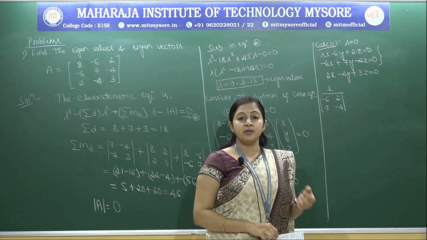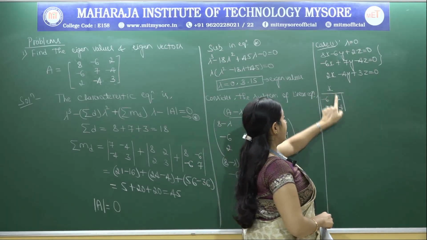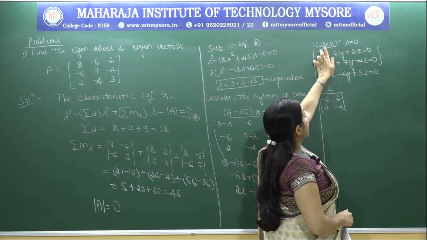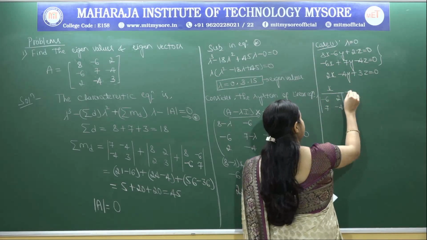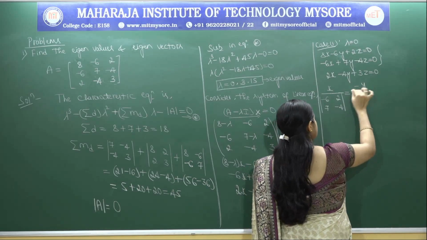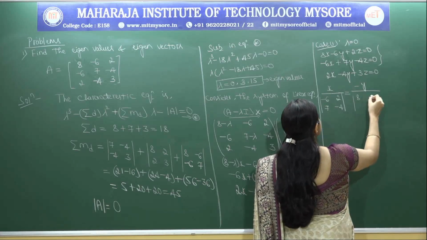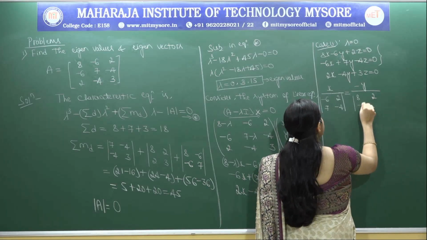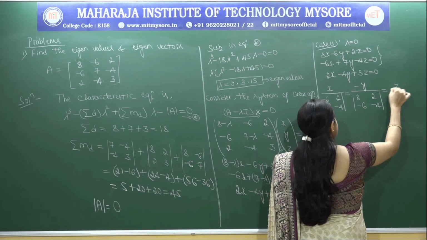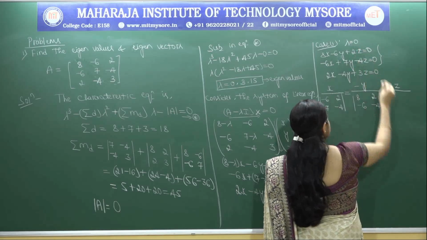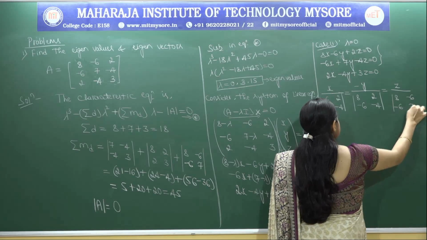Using the cross multiplication method, I find the x, y and z values. So the first one, x divided by, delete this column, determinant for the remaining terms. Similarly for the y term, I write minus y, this is the procedure. Delete this, take the remaining terms 8, 2, minus 6 and minus 4. The third one, z divided by, delete this, so 8, minus 6 and 7.